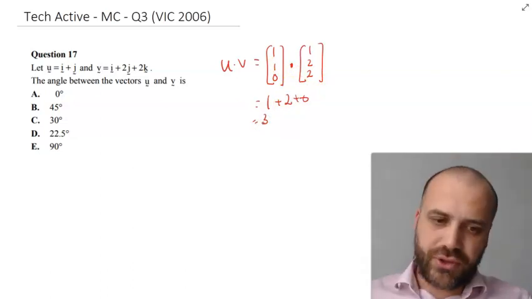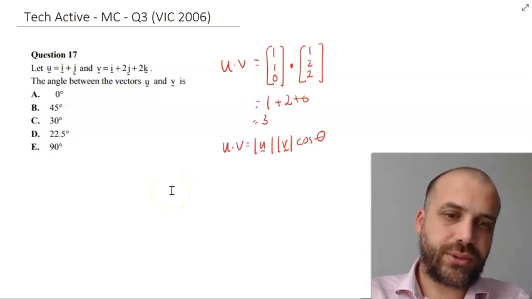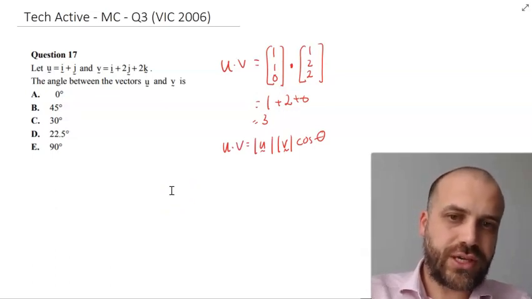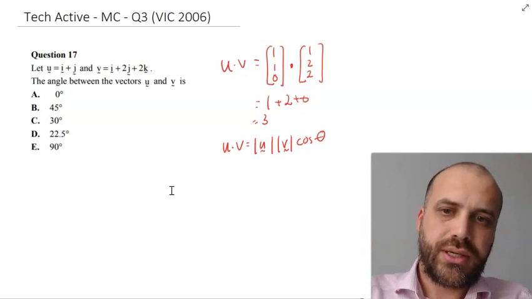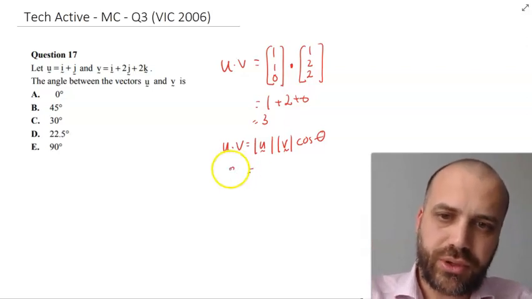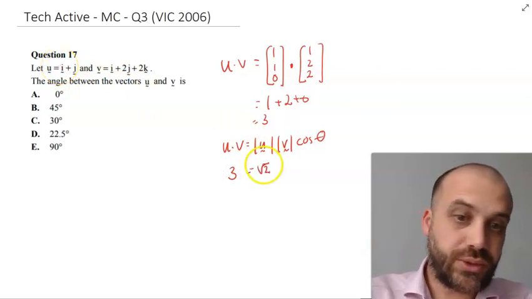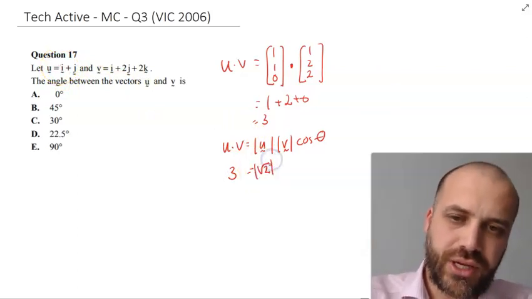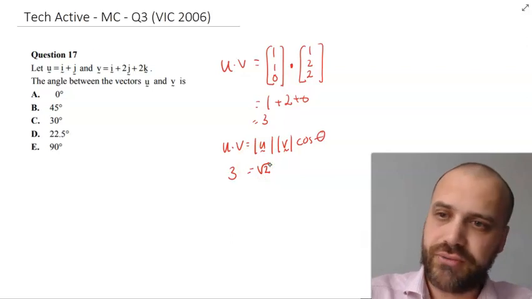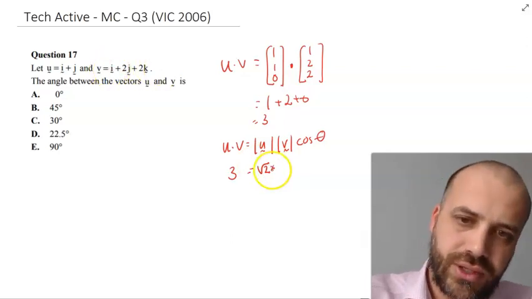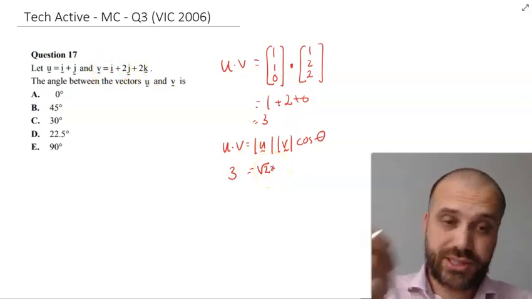But there's another way to find the dot product, which is the magnitude of u times the magnitude of v times cos of the angle between them. So we know that the dot product is equal to 3. We can find the magnitude of u easily enough. It's equal to root 2, and we can find the magnitude of v, which is 3.